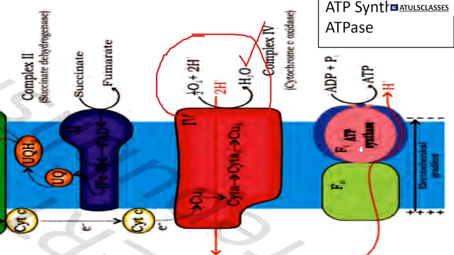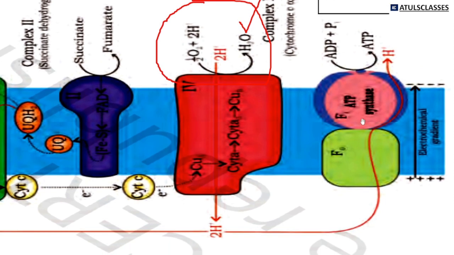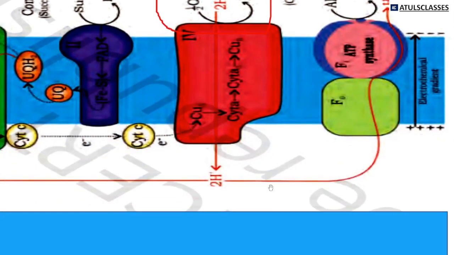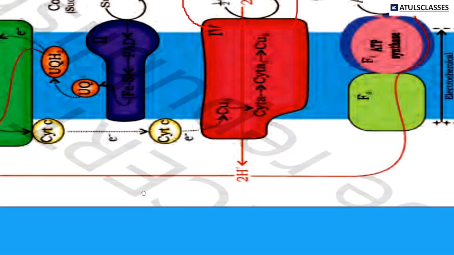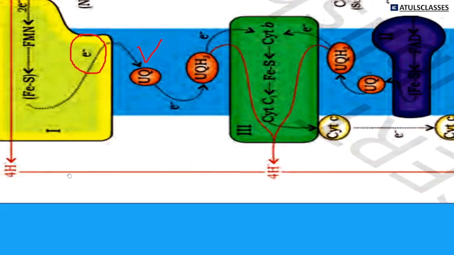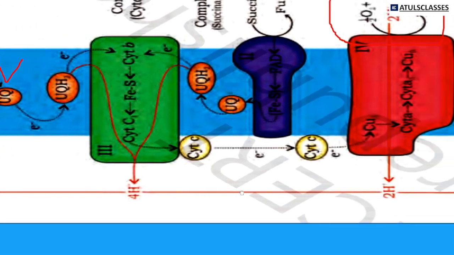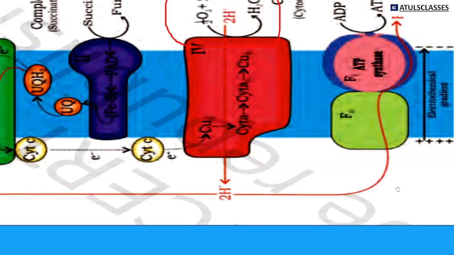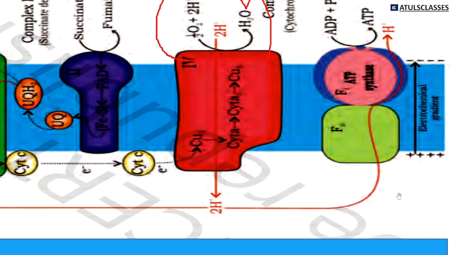Now this is just like a motor, and it is moving. So it works when the electrochemical gradient is reached. You will find that there are a large number of hydrogen ions in the intermembrane space, because of the movement of hydrogen ions, and the concentration of hydrogen is increasing towards this end, which we now call the electrochemical gradient.